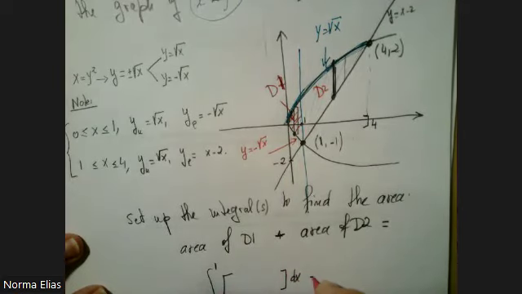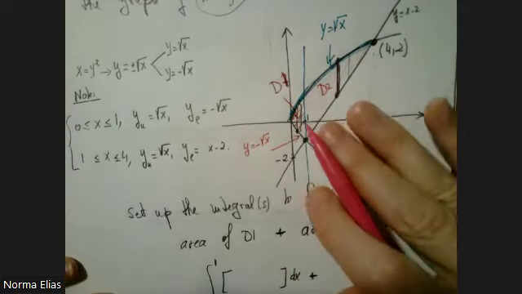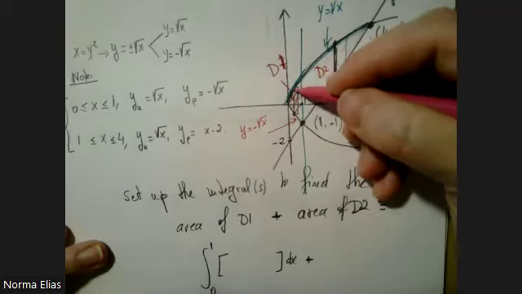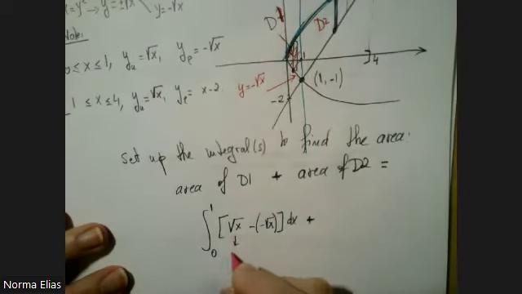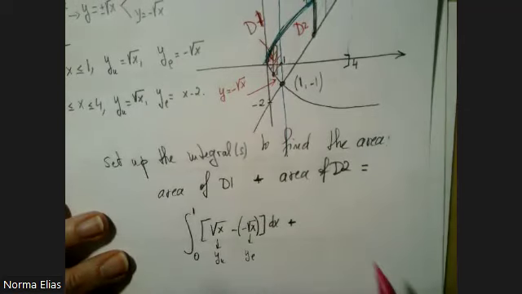In this scenario, when I'm taking my rectangle here, the upper curve is root x and my lower curve is minus root x. Always upper minus lower, or you get a negative number.